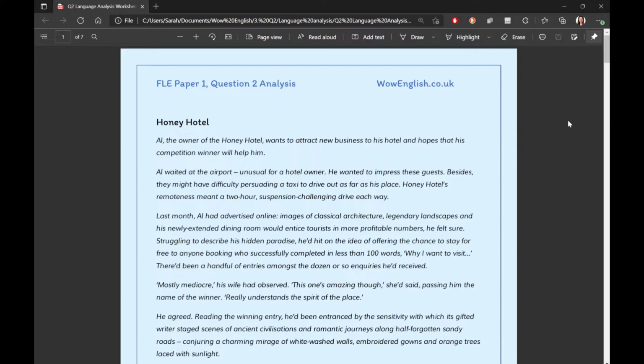Last month, Al had advertised online. Images of classical architecture, legendary landscapes, and his newly extended dining room would entice tourists in more profitable numbers, he felt sure. Struggling to describe his hidden paradise, he'd hit on the idea of offering the chance to stay for free to anyone who successfully completed in less than 100 words why I want to visit. There'd been a handful of entries amongst the dozen or so inquiries he'd received.